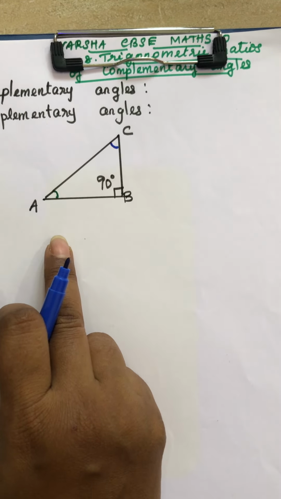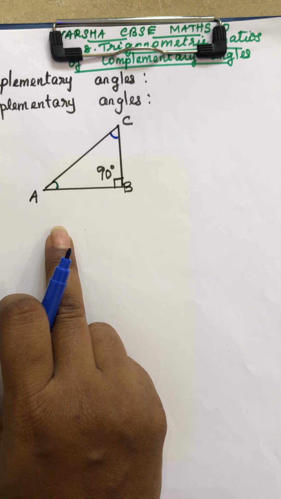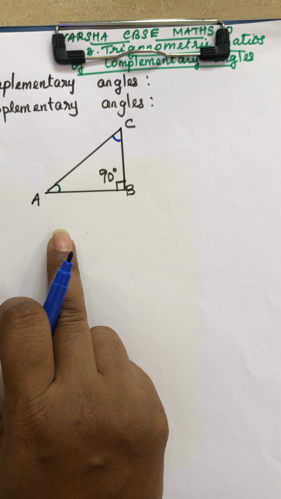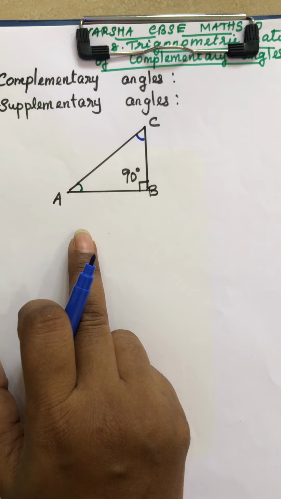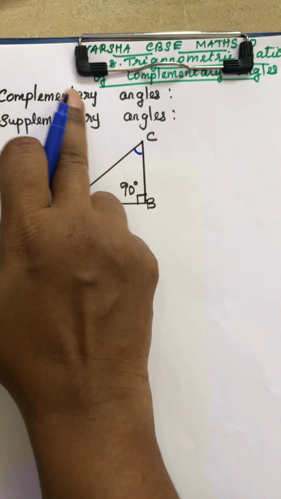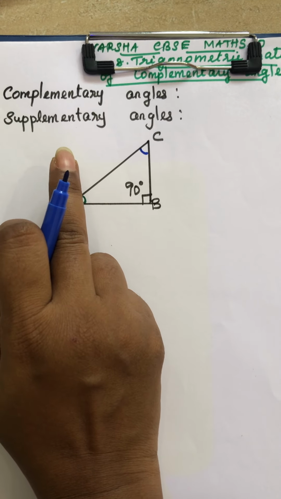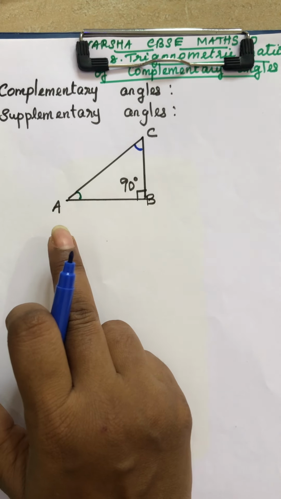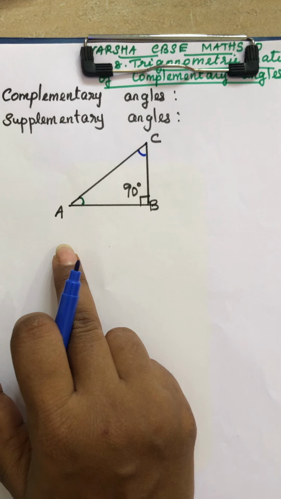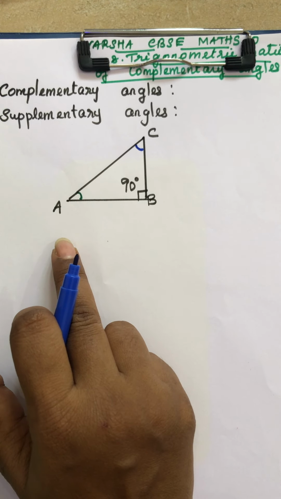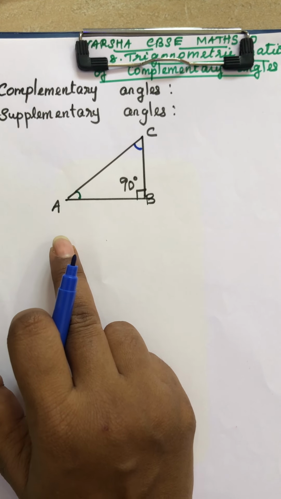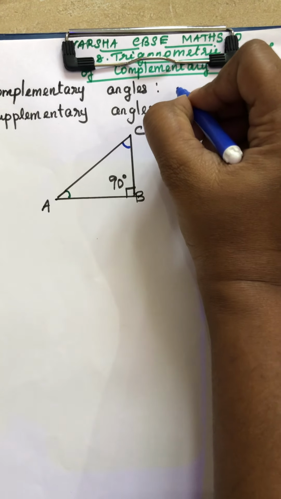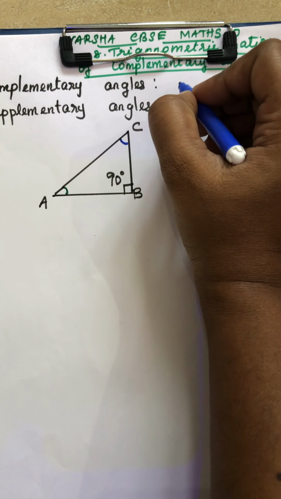In trigonometry you can verify each and every formula by the triangle. You have studied complementary angles and supplementary angles in your smaller classes. What do you mean by complementary angles, students? When you add two angles, if you get 90 degrees, that is complementary angles.